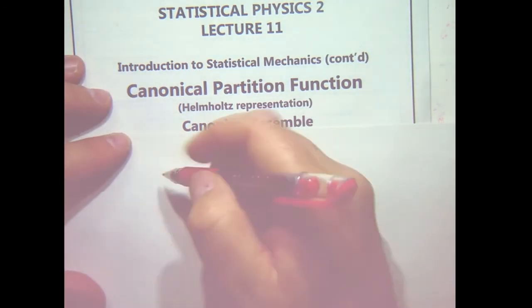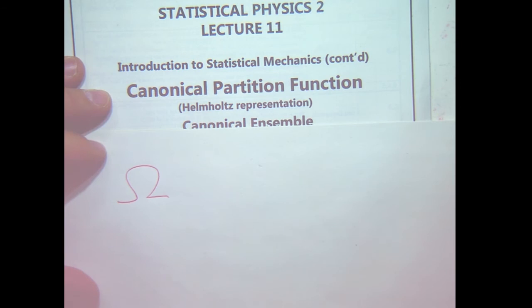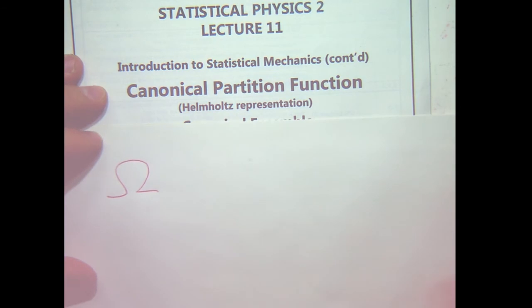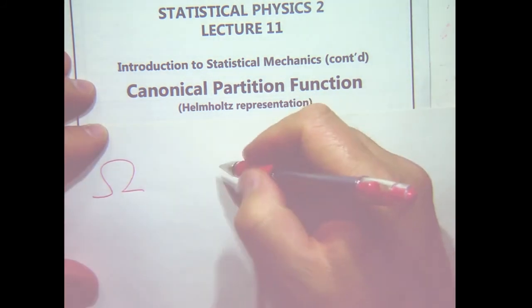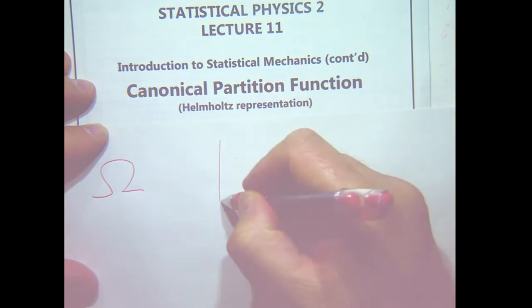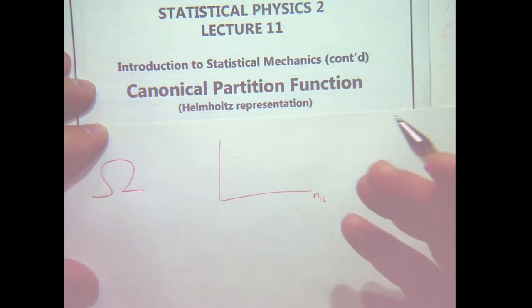I'd just like to mention something about this number omega that I talked about in lecture 8, the first lecture on StatMech. I gave the example of a particle in a box. Say I have two particles in a box, which may be distinct or identical.